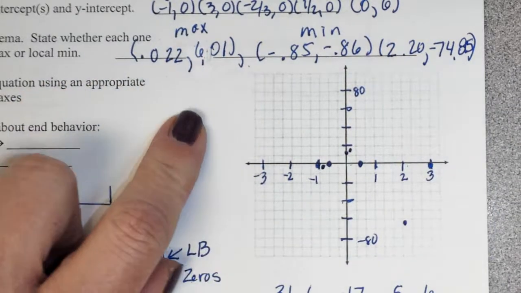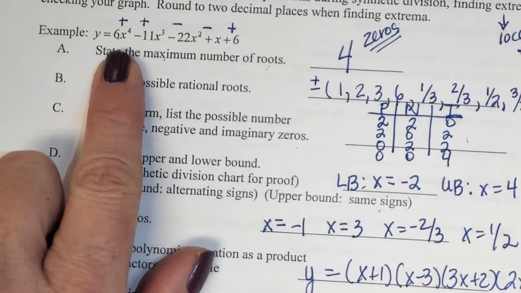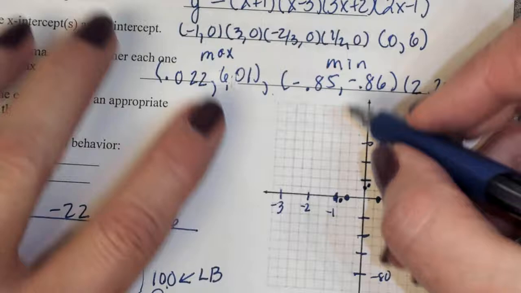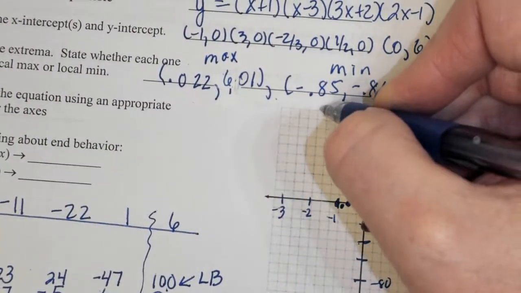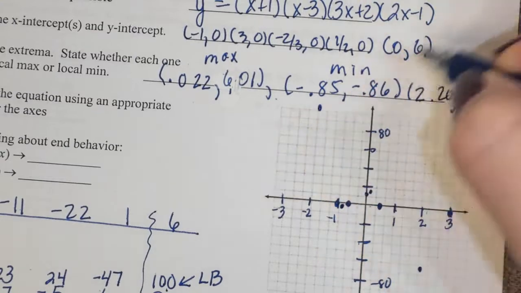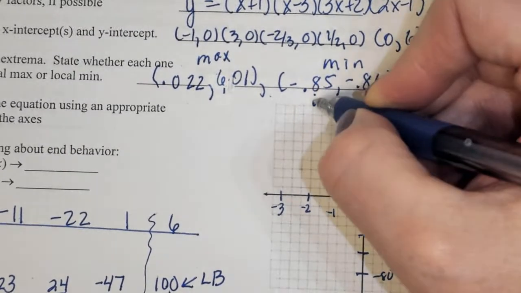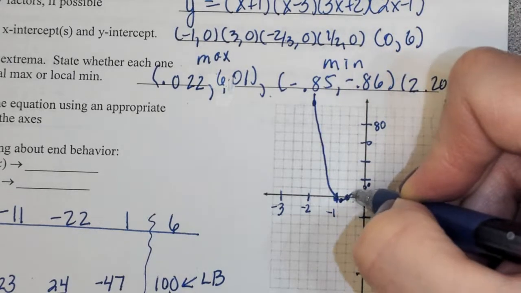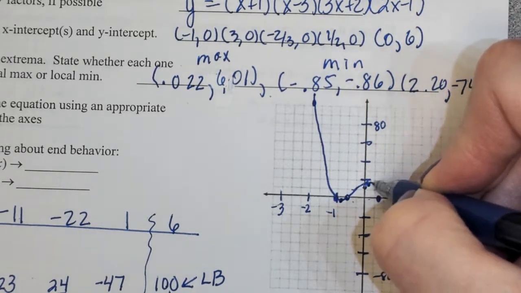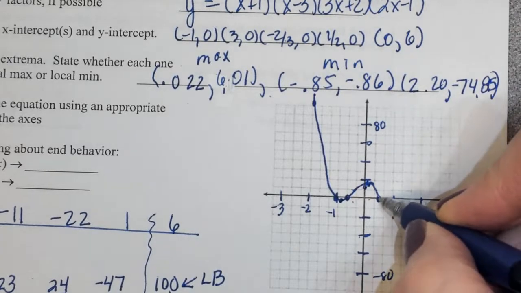All right, so now I'm thinking in behavior, if it's to the 4th power, I know it's going to go up at the ends. So I know then, and plus I know this point, negative 2, 100. I might as well go ahead and put that point in there. So here we go. Going to come down like this, just barely dip below, come back up, go through these 2 points, come back down.